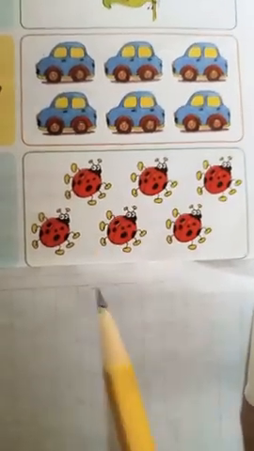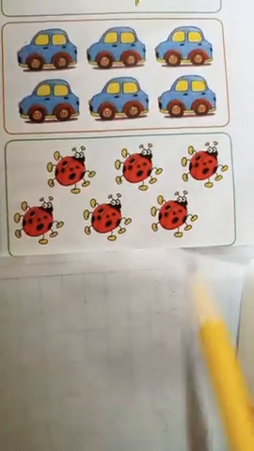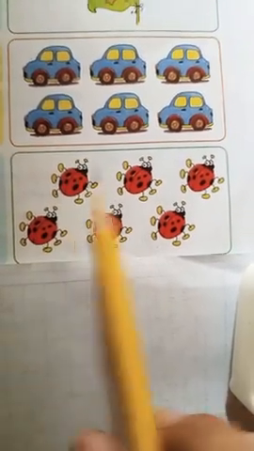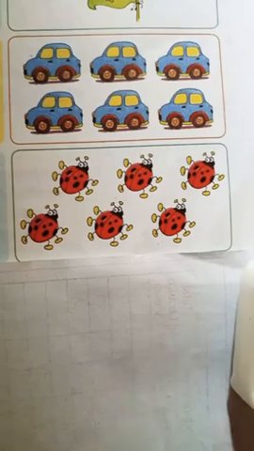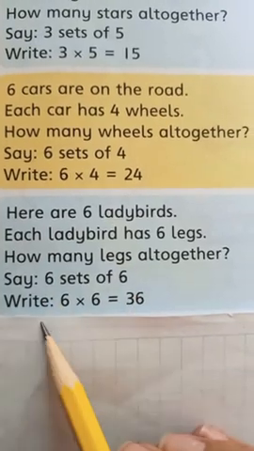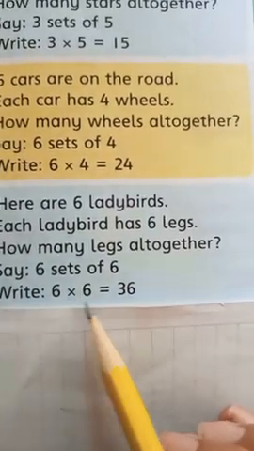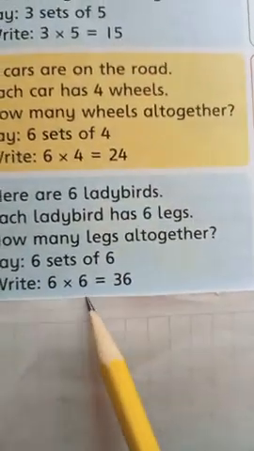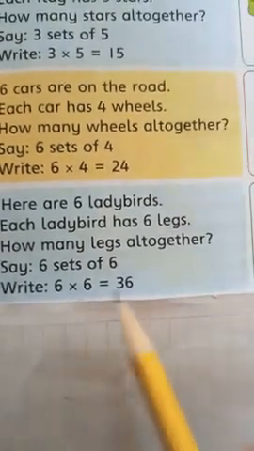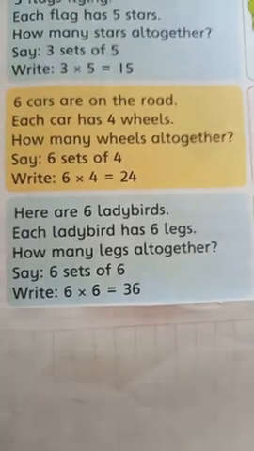We can't write 6 plus 6 plus 6 many times. We will take 6 sets of 6, and write it as 6 multiplied by 6. And our answer will be 6 6s are 36. Our answer is 36 here. Okay, students?